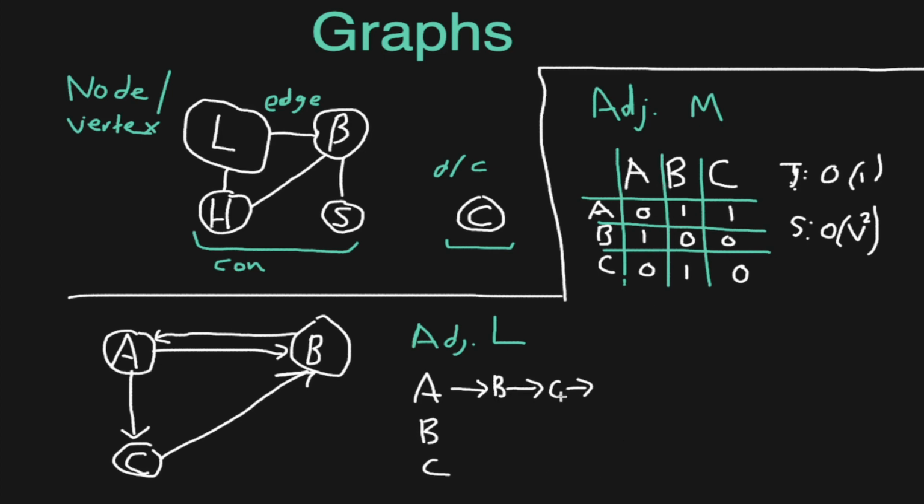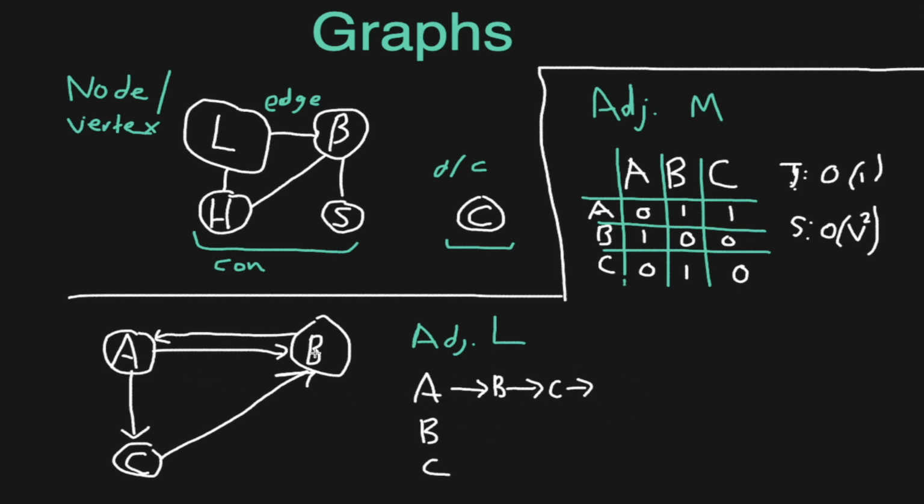So B doesn't point towards C, as you can see in this graph, but what the adjacency list differs on from the adjacency matrix is we consider all of the nodes that A is linked to.